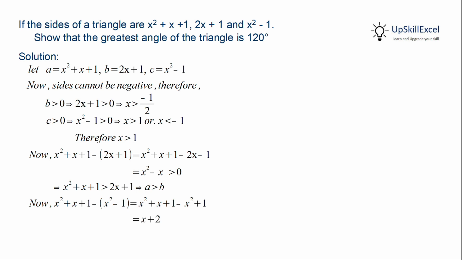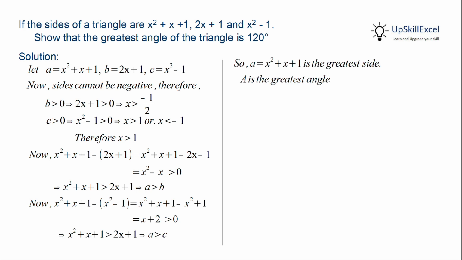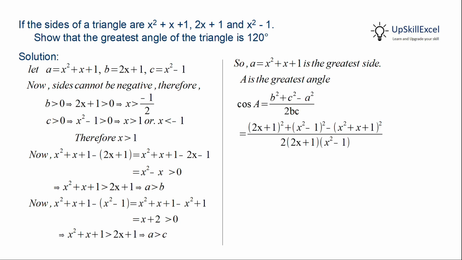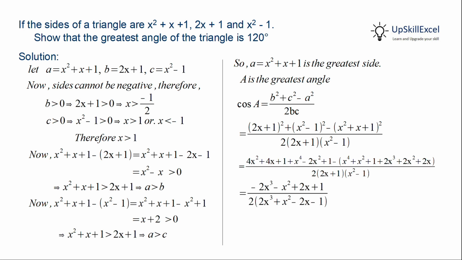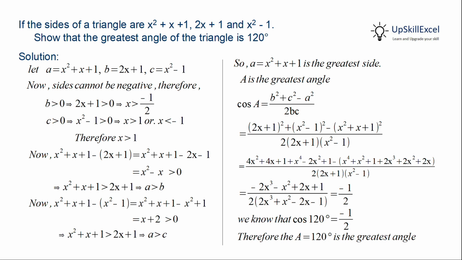Again, this is greater than 0. Therefore, a is greater than c. That is, angle A is the greatest angle. Now we can apply the cos A formula and substitute the values of a, b and c, and doing the simplification we get that it is equal to minus half, and we know that cos A will be minus half only when A is equal to 120 degrees.